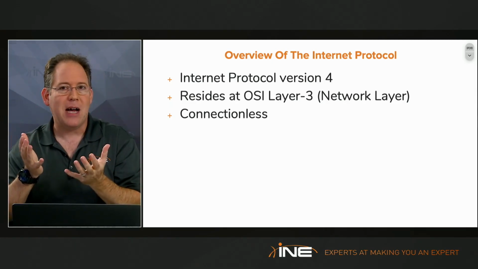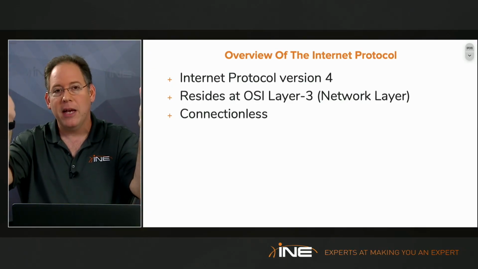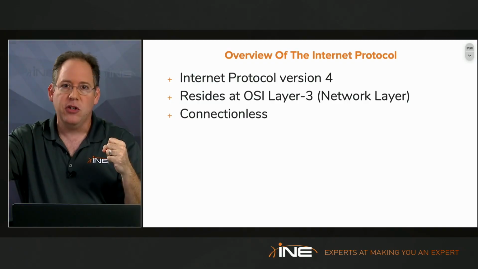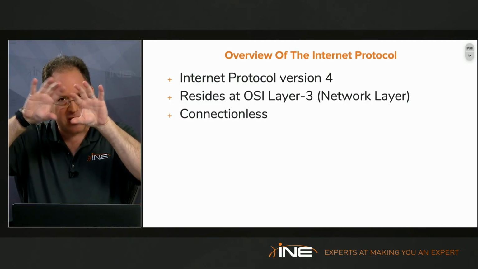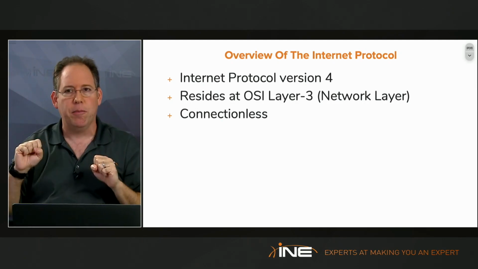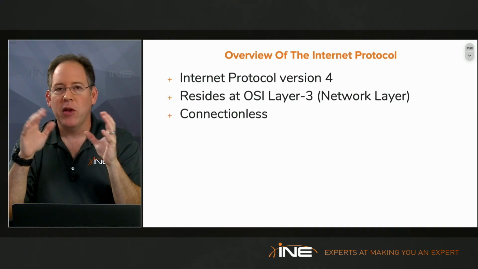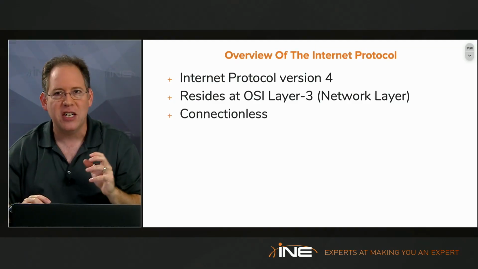Remember, TCP and IP were originally together, and TCP actually does do that thing, but then they decided to split TCP off from IP and have them as standalone protocols. So IP by itself has no reliability, no verification that the destination exists.